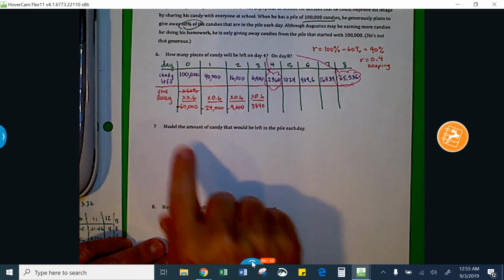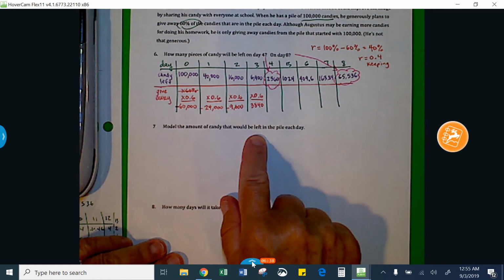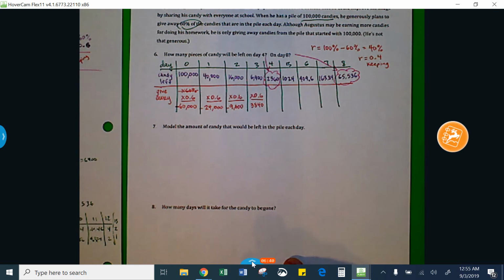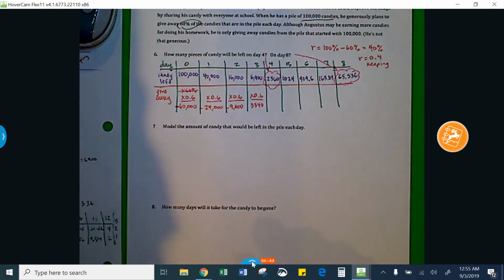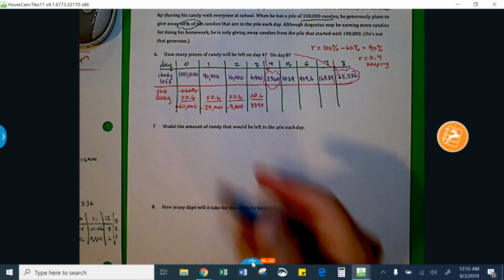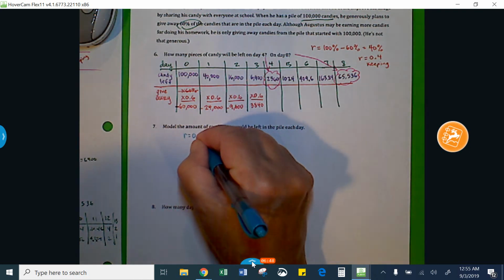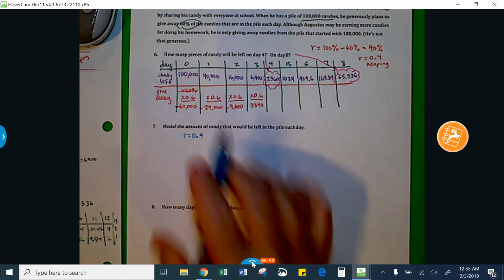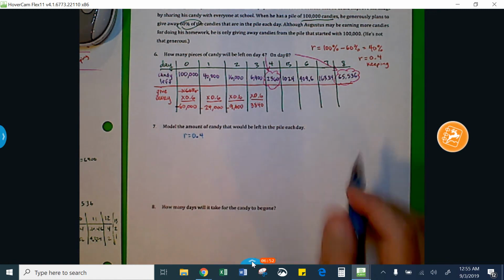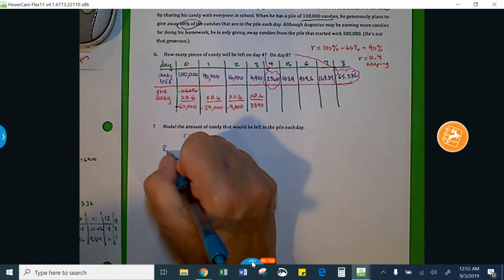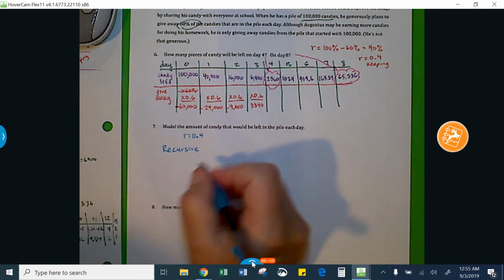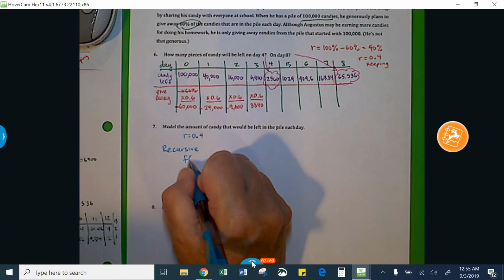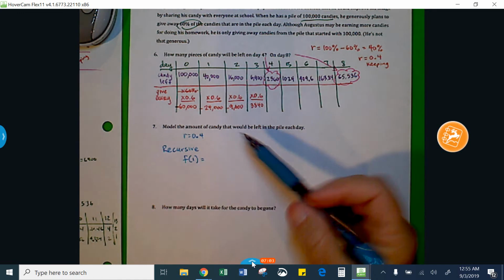Alright. So, let's model the amount of candy that would be left in the pile each day on any given day. So that's telling us we need some equations. So we have r is 0.4. That's our repeated multiplication. And let's do recursive. For recursive, remember you're going to have the first term that you need to give.